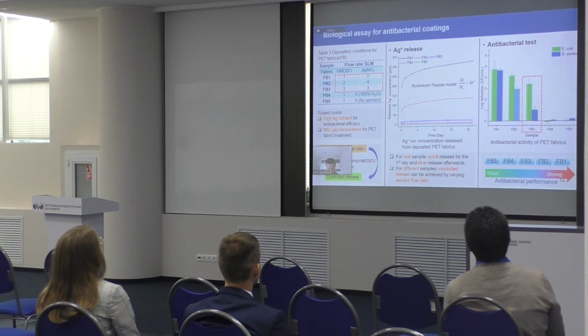which is the most essential stage for infection risk. The initial burst release of silver can be attributed to silver near the surface in the coating, especially for the pulsed mode deposition.